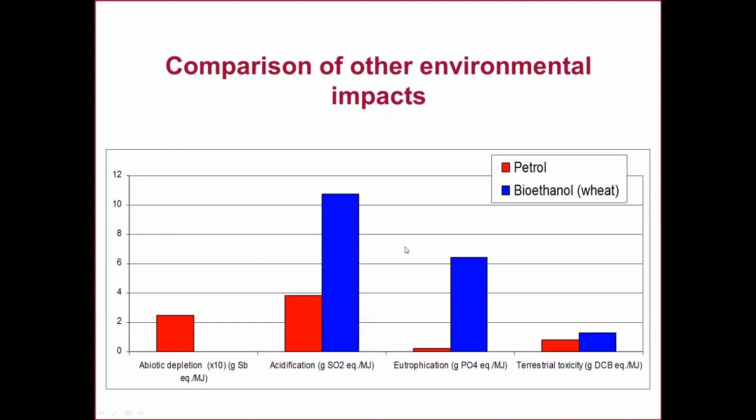But if we look at the other impacts, wheat cultivation involves the use of fertilizer, which can cause eutrophication because of leachate of nutrients. Also, fertilizer production and application cause acidification impact on the environment. And use of pesticide can cause toxicity related impact. So they can be in some cases even significantly higher compared to, say, fossil fuels.